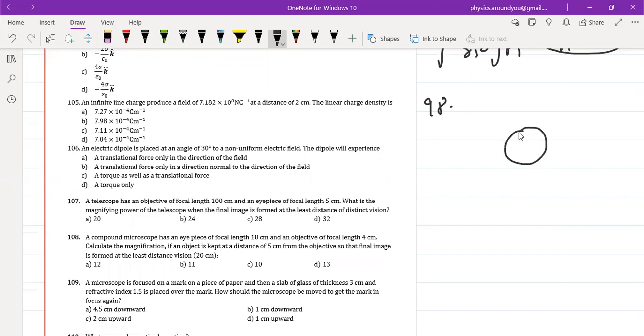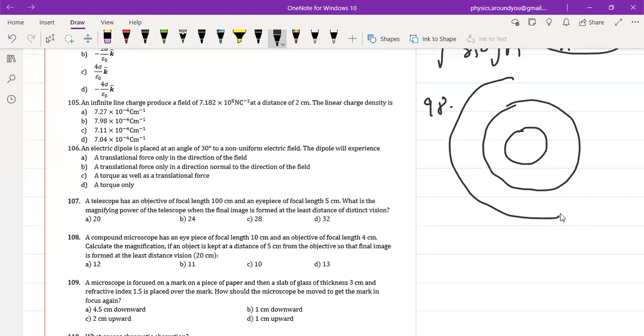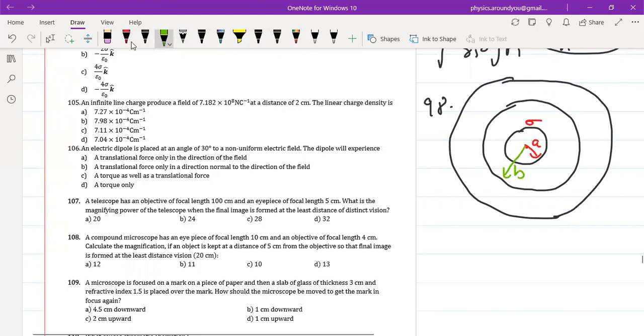One shell has radius A, another shell has radius B, and outside these two there is a shell C. The radius of the inner one is A, and it has a surface charge density sigma. The radius of the outer one is B, and it has a surface charge density of minus sigma.